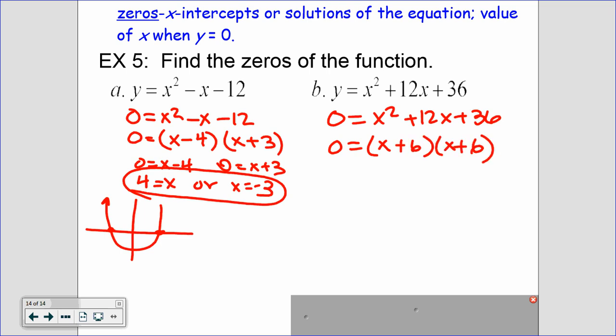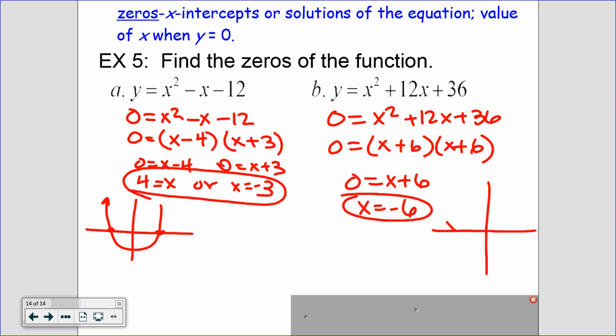So that means that when I solve each of these equal to 0, then x is going to equal negative 6 in both cases. So that means we only have one solution, and that means that the vertex is on the x-axis. And so it's only crossing the x-axis at one point, so we only have one solution.